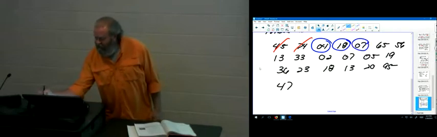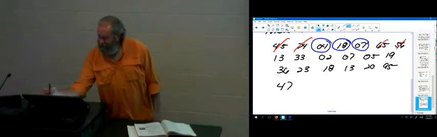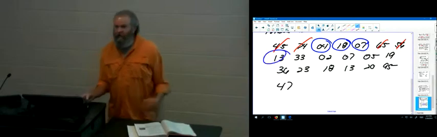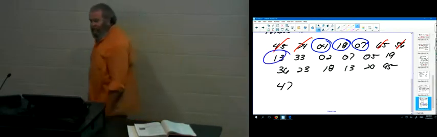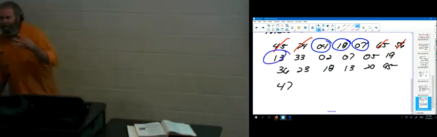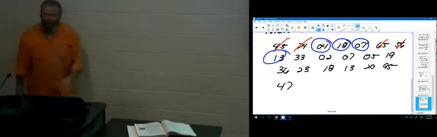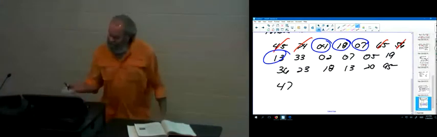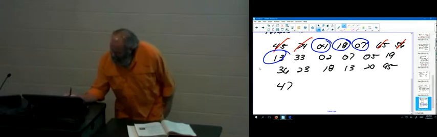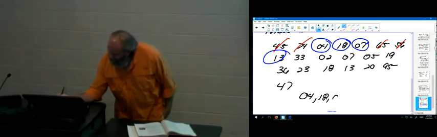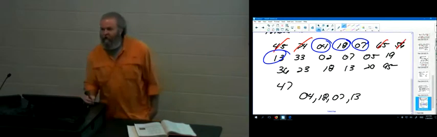Do I have a label of 65? 56? Can I stop? How many was I trying to choose? So I'm going to choose the ones that have a label of 04, 18, 07, and 13.